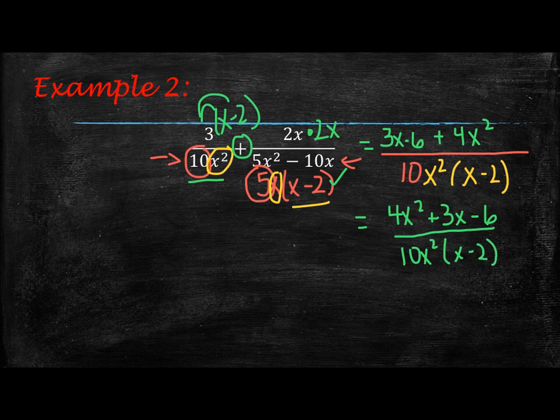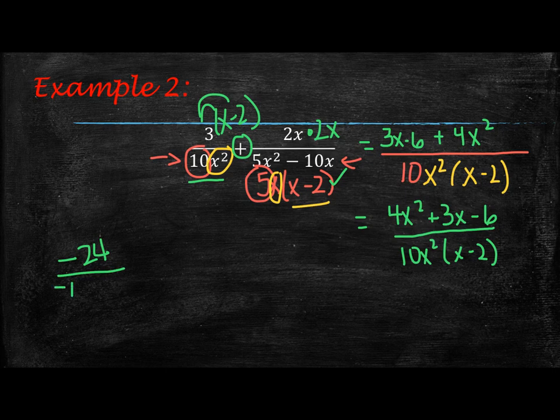At this point, I do want to see if I can divide anything out of the numerator or even just factor the numerator. It does not have a common factor. 4, 3, and 6, there's not a common factor there. If I multiply my a times my c and make my AC chart, that's going to be negative 24. And you'd have to have factors of negative 24 that add up to 3 in order for this to factor.